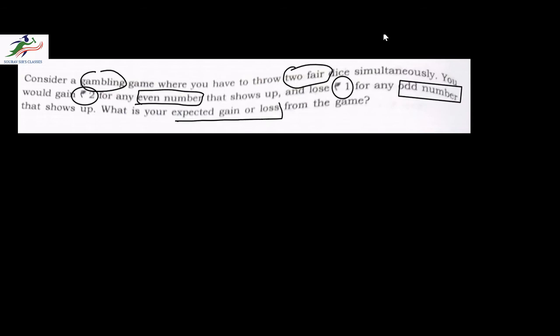So what is the overall expected gain or loss from the game? We have to understand that the 2 dice are independent, so there is no dependency of one dice over the other.